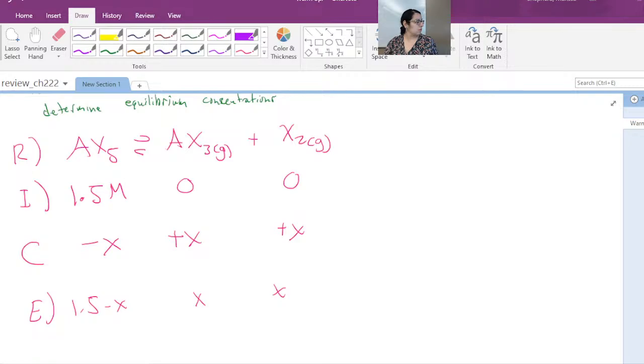Yeah, okay. Yep. I'm just trying to figure out which one it was. So we can set up our Kc is equal to x squared over 1.5 minus x.